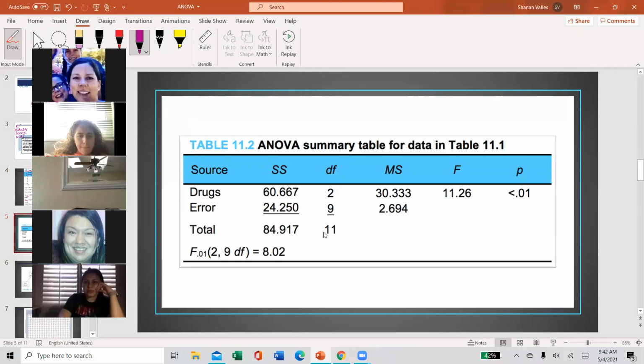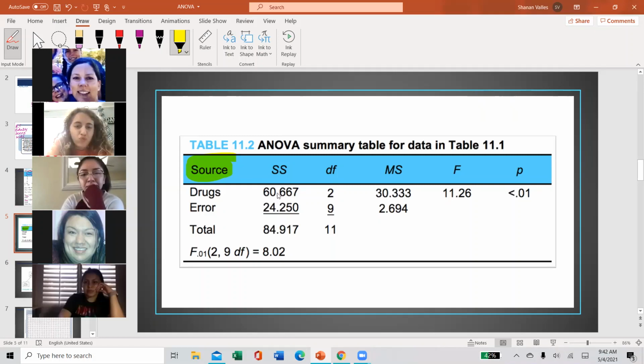We call this a source table for ANOVA, and it's a cool thing, because as soon as you get these values, you're pretty much done. I know it doesn't look like you're done yet, but these are the hardest numbers to calculate, and once you have them, everything else flows really smoothly.